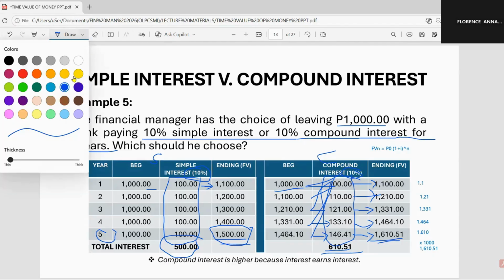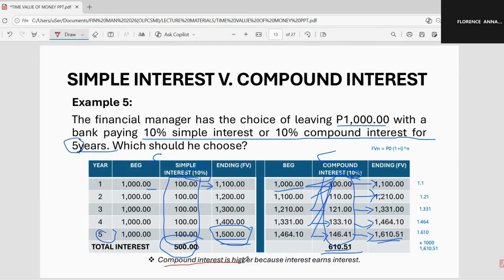You'll notice that the compound interest is higher because the interest earns interest. Ito nga yung kanilang pinaka-distinction between simple and compound interest. Ulitin natin na in simple interest, only the principal earns interest, while in compound interest, the interest also earns interest together with the principal.